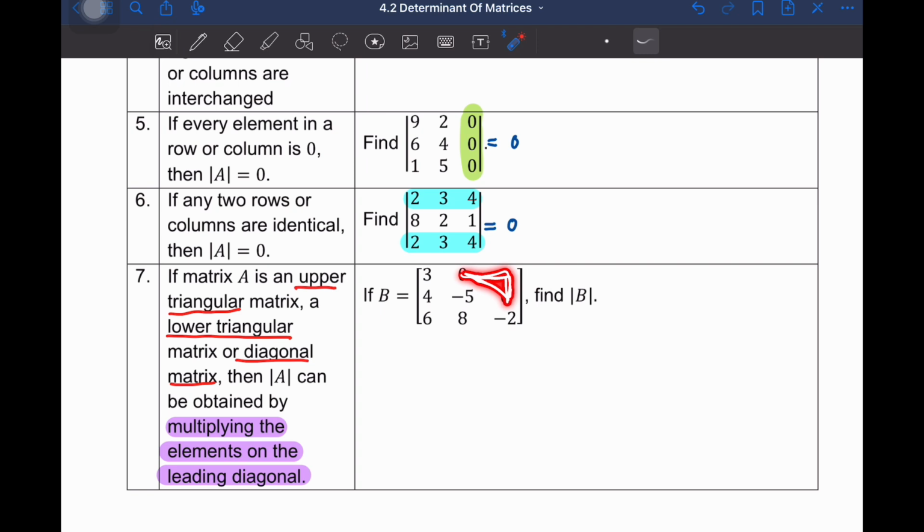Okay, so this is a lower triangular matrix. So, what we need to do is to just multiply the leading diagonal to find the determinant. So we have equal to 3 times -5 times -2. Okay, so we have 30. That's it.